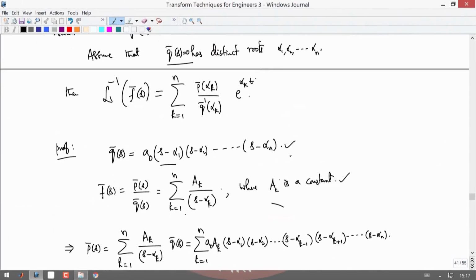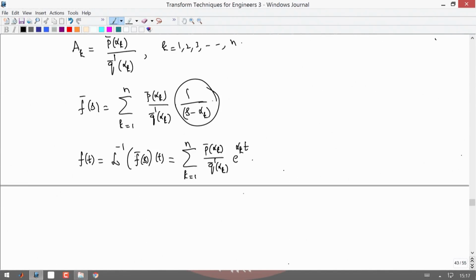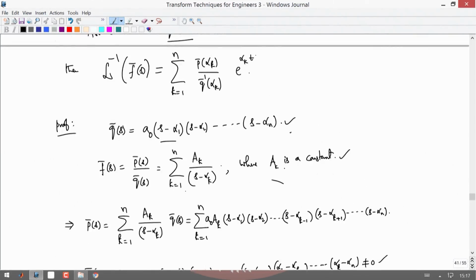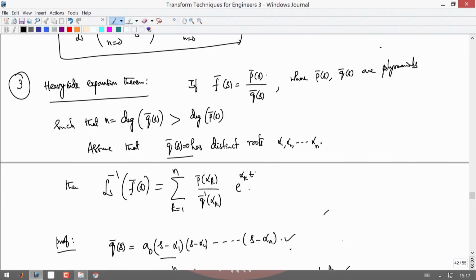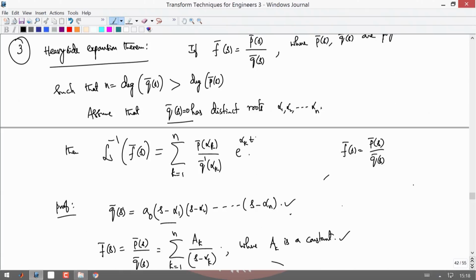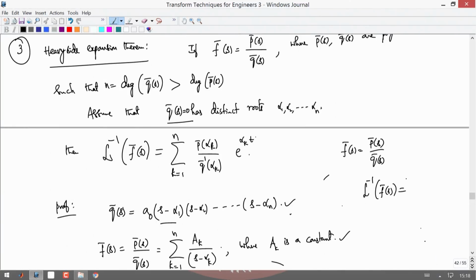It may so happen that f bar of s is p bar of s by q bar of s, where it need not be polynomial, for some functions q bar of s having infinitely many distinct roots, for example, and you can then get this Laplace inversion of f bar of s, not by the Heaviside expansion theorem.